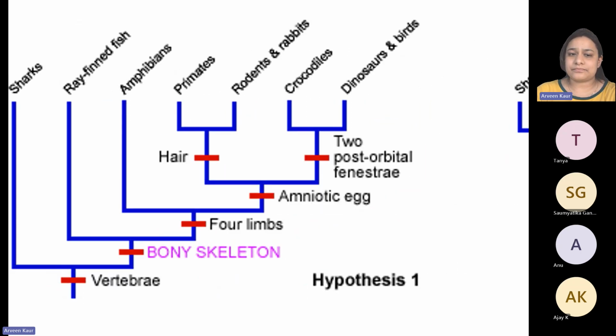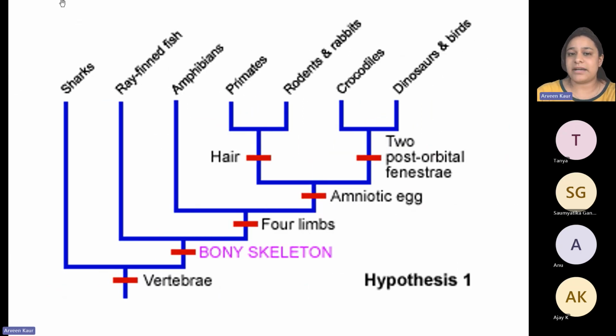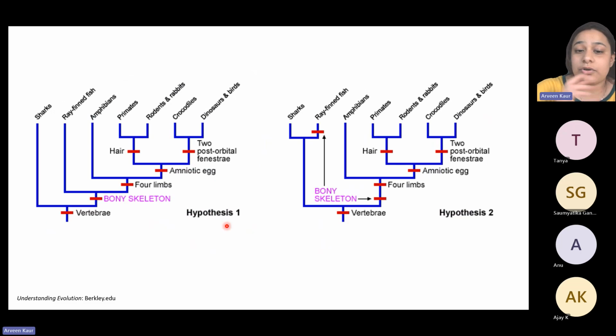But again, this might also have been the case that sharks evolved separately. Then, in a separate set of evolution, ray-finned fish diverged, and some of these common ancestors only gave birth to other kind of individuals like amphibians, dinosaurs, etc. Right? So we don't know which one of these hypotheses is actually true.